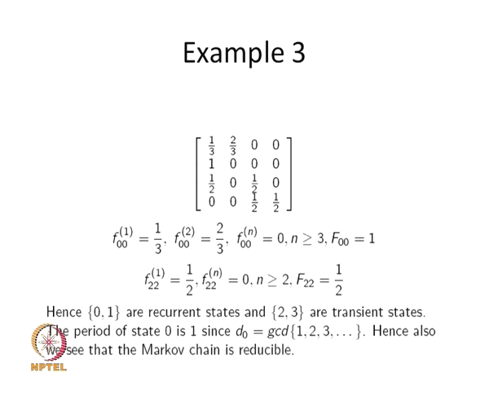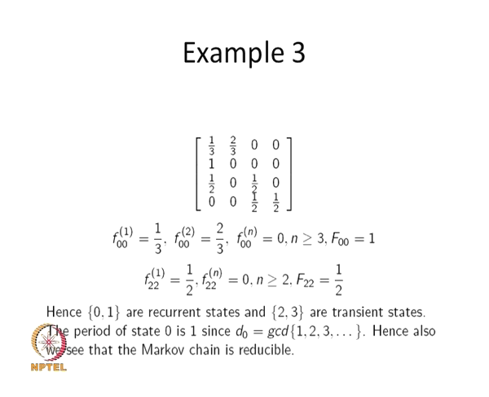Now I will move to the state 2. For the state 2, if you find F22 of 1, in one step coming back to the same state, that is going to be a half. F22 of 2, exactly 2 steps, that is not possible, that is going to be 0, and so on.